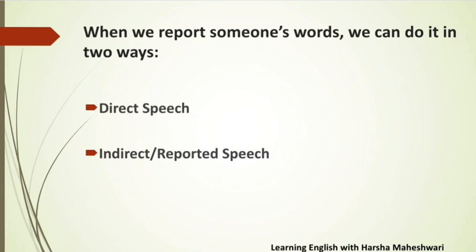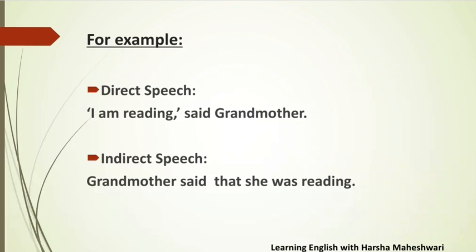When we report someone's words, we can do it in two ways: direct speech, or indirect or reported speech. An example of direct speech is, "I am reading," said grandmother.